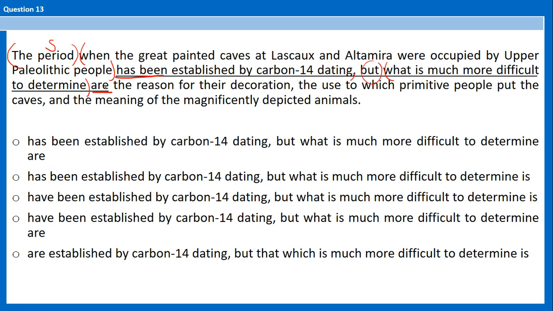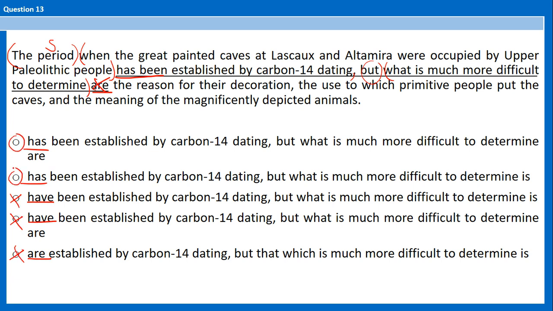Okay, that's wrong, because what is much more difficult to determine is a special subject. It's called a relative clause subject. And relative clause subjects are always singular. I cannot say what is much more difficult to determine are. You need is instead. Well, first the period has. That's good in number 1 and 2. You cannot use have or are because the period is singular.